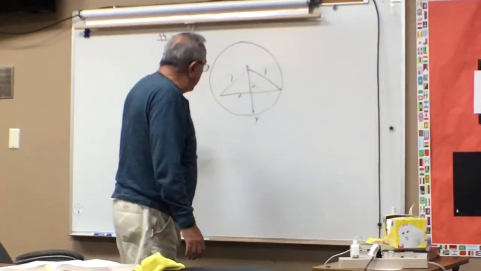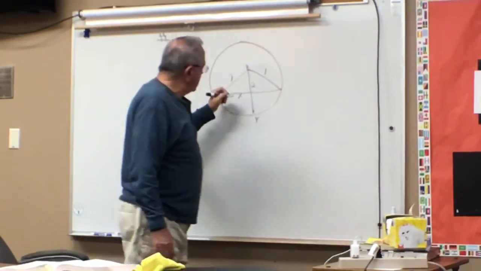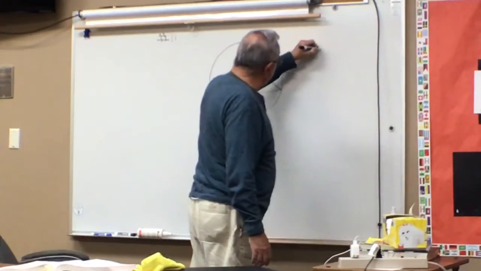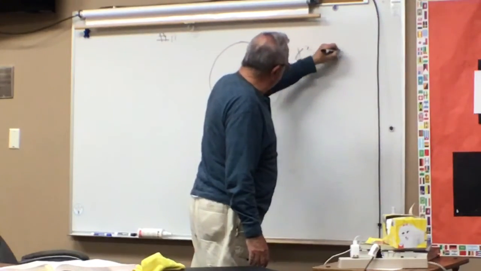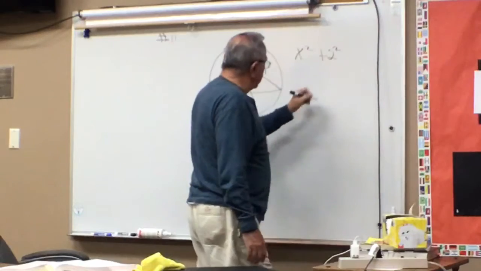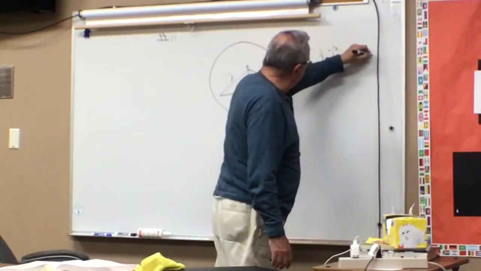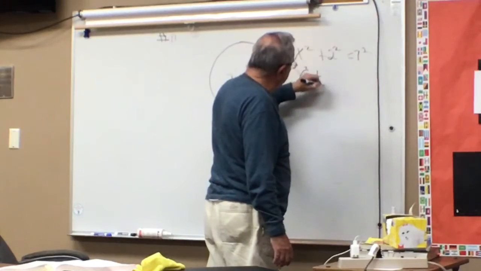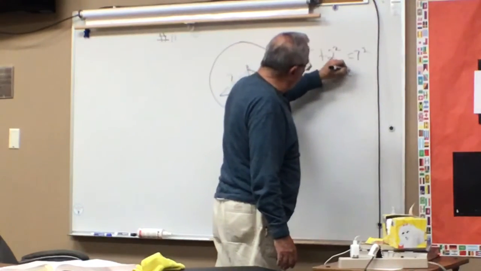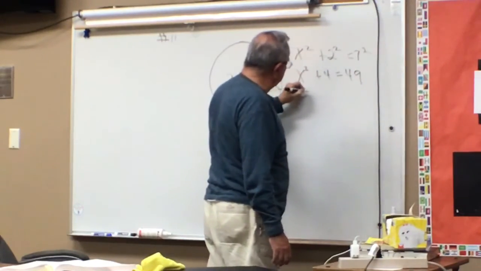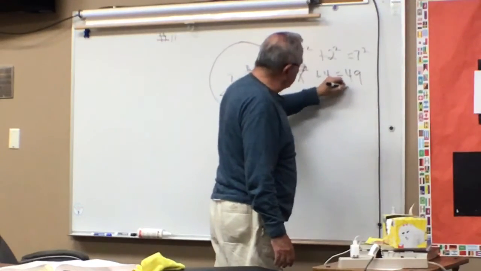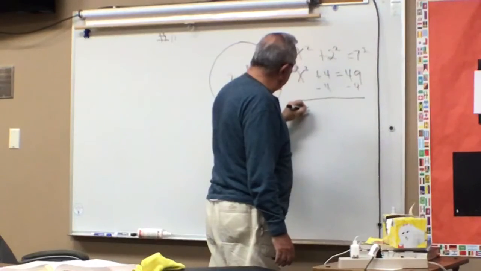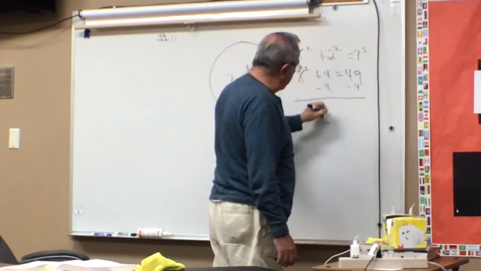So now what we got to do is what? x squared plus 2 squared equals 7 squared. So x squared plus 4 equals 49. Subtract 4, and x squared equals what?